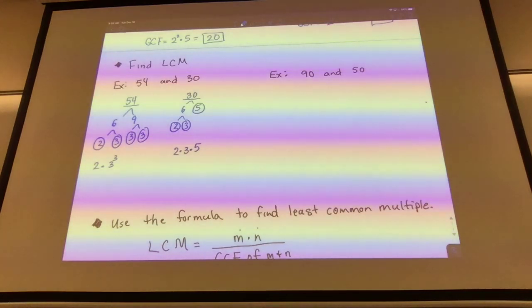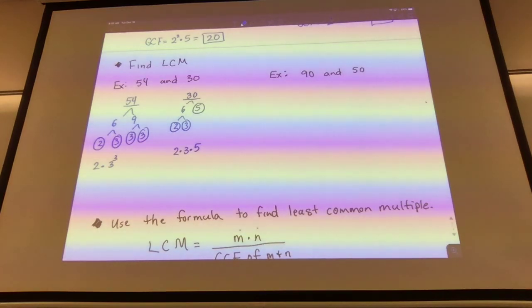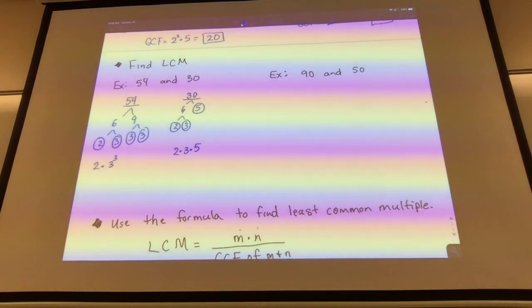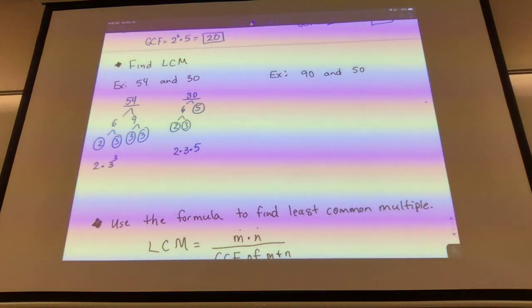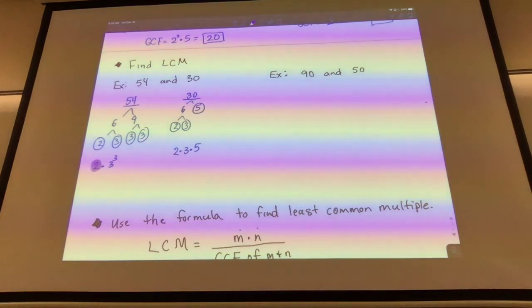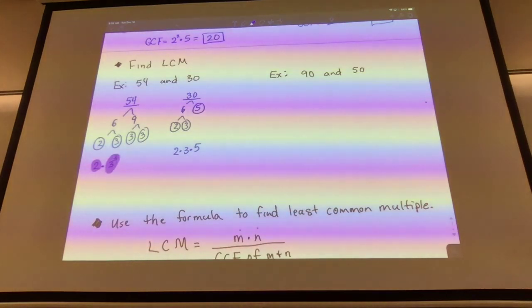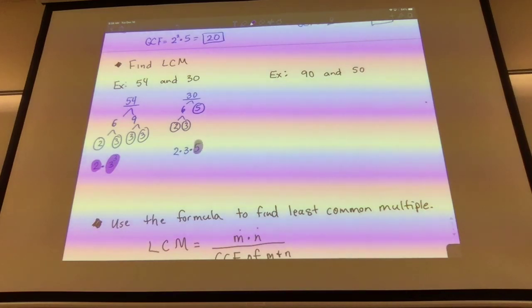Okay. For the least common multiple, we're going to include at least one of everything, and you choose the largest power of it. So for example, we'll have 2. Then, out of the 3's, this is the larger one, 3 to the 3rd power. And this one doesn't have a 5, but this one has a 5, so we have to use all of those.